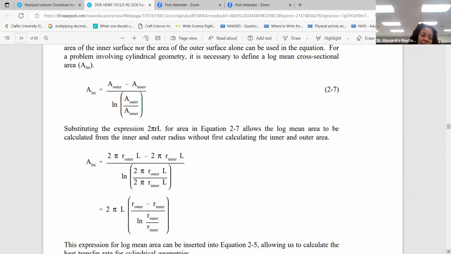So A sub LM is equal to 2 pi R outer L minus 2 pi R inner L divided by the natural log of 2 pi R outer L over 2 pi R inner L. And this is reduced to 2 pi RL times R outer minus R inner over the natural log of R outer over R inner. Okay, so they took out a common factor for this last equation.